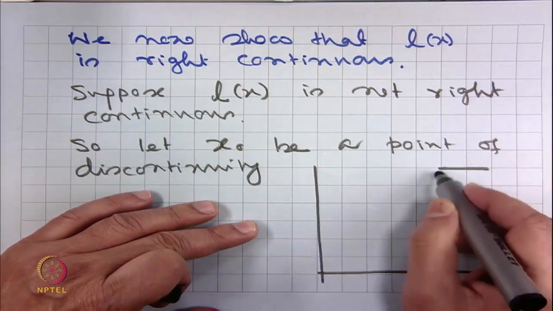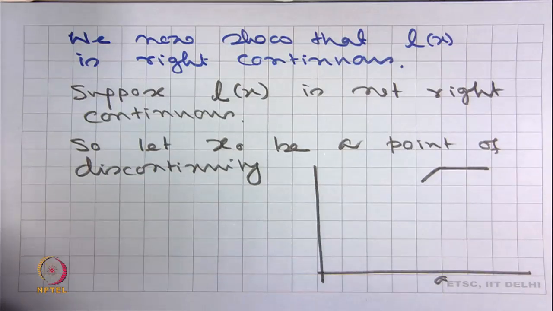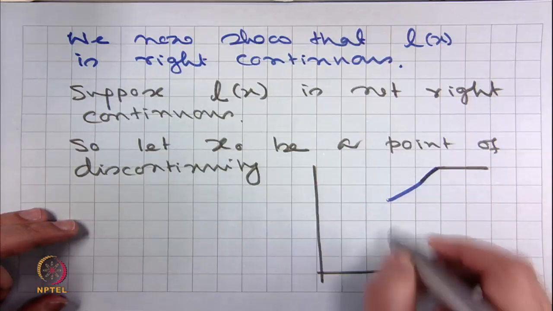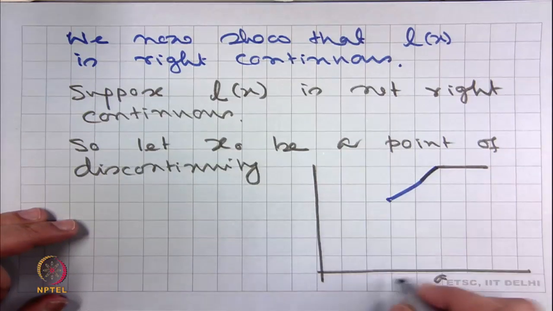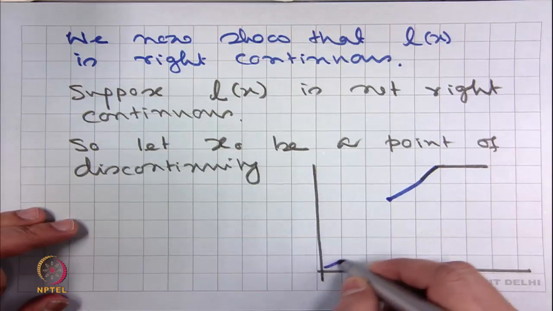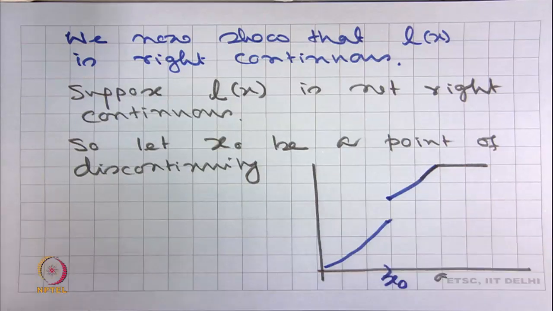This is A, L x is coming like this. Suppose x naught is a point of discontinuity and we have the L x function like that.